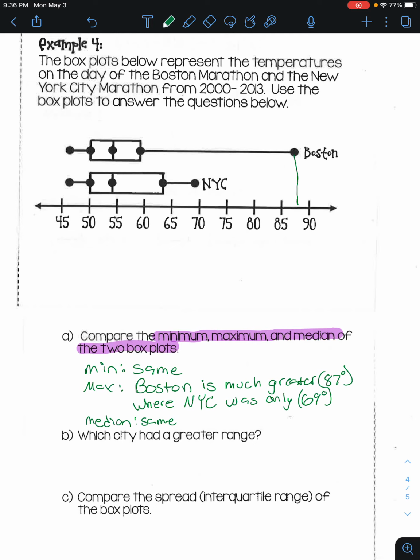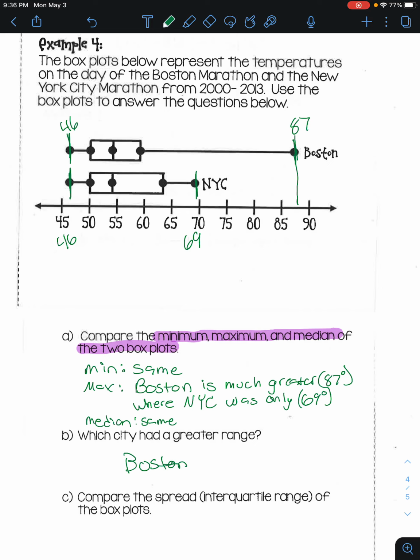New York City's range goes from least, which is, I would say, about 46 to about 69. And Boston would have about 46 to about 87. Who's got the bigger spread? Who's got the bigger range? Well, Boston does, because it covers more temperatures. It's covering more data points.